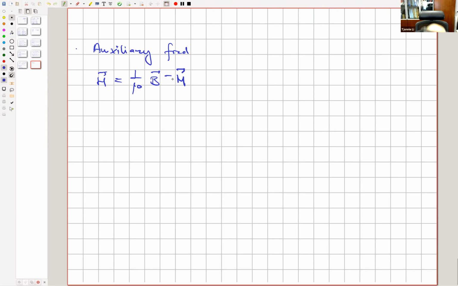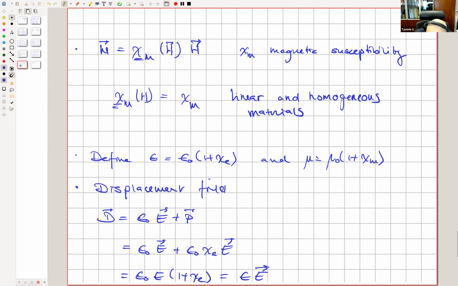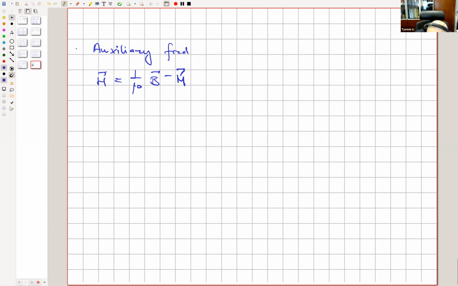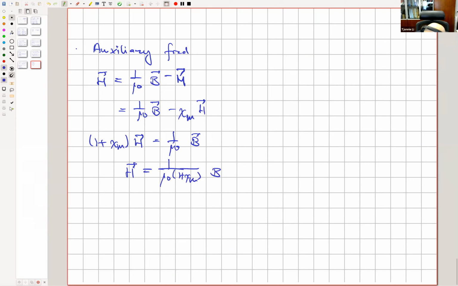That is M. But now, again, for linear materials, I know that M is just related to H. So I can now write H equals 1 over mu naught B minus chi m H. And I can simply rewrite this in such a way that I get (1 plus chi m) H equals 1 over mu naught B, or in other words, H equals 1 over mu naught (1 plus chi m) B, which equals 1 over mu B.